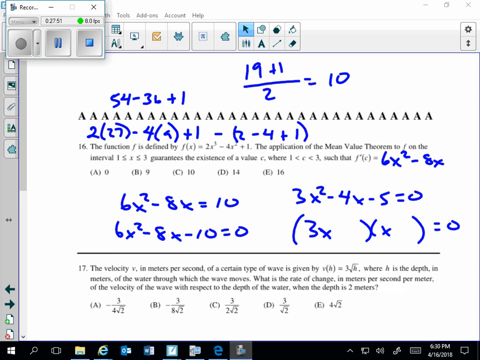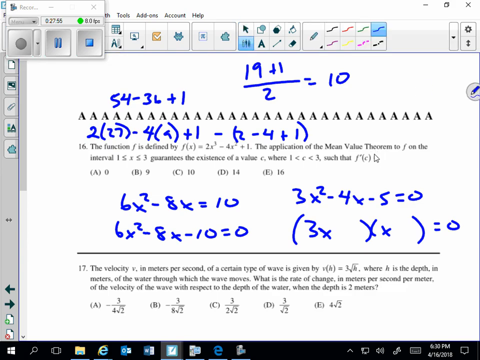I read the question wrong. They want to know, what does this value right here need to be? What is f prime of c going to need to be? It needs to be my average rate of change. 10. Sorry. Read the problem carefully. We are not looking for c.